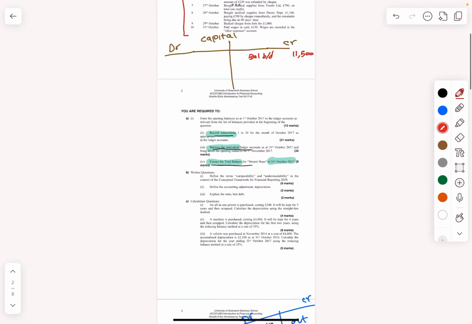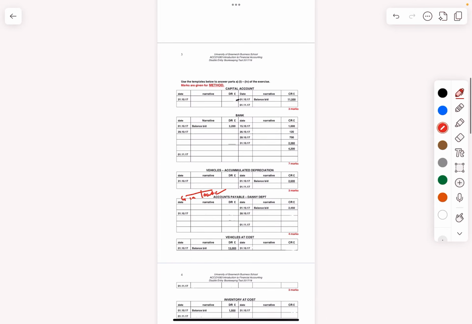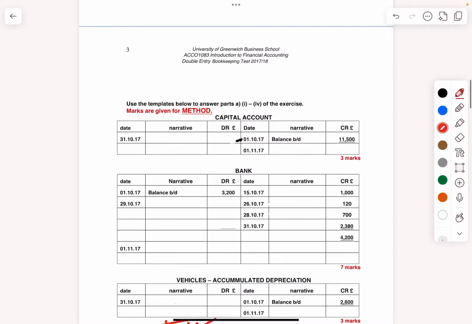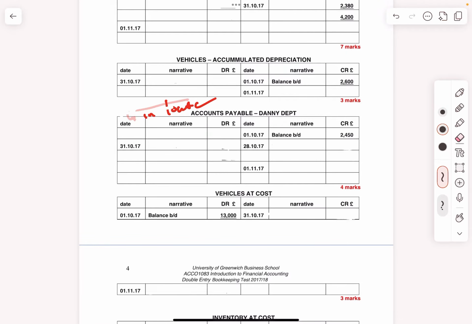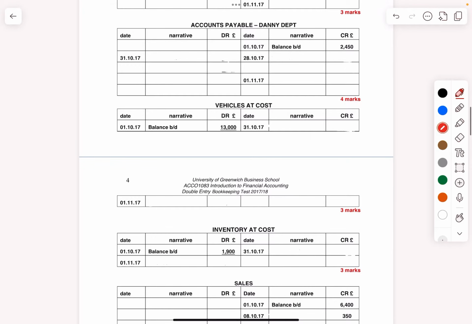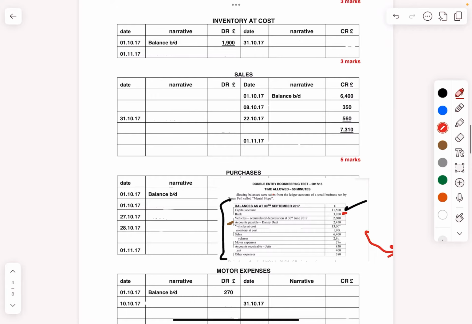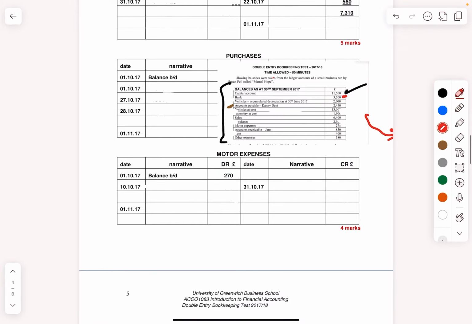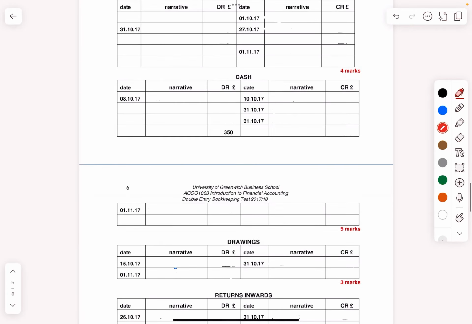Okay, let's go down and see. All right, now as you can see, I made capital, bank, vehicle. We put the depreciation, which is a liability. We have accounts payable, vehicle at cost, inventory, sales, purchases, and we have motor expenses and all of the other ones.